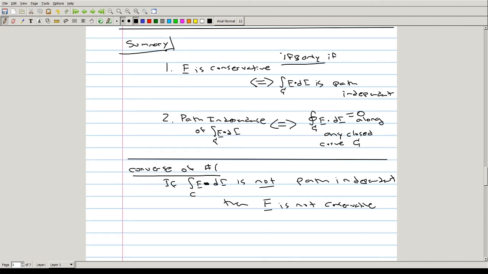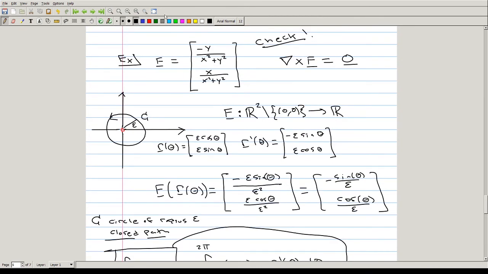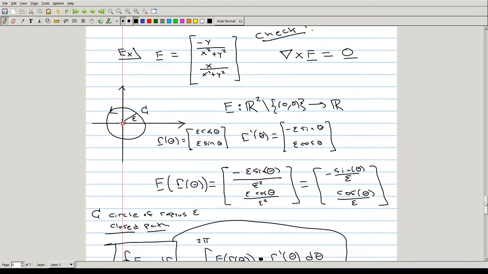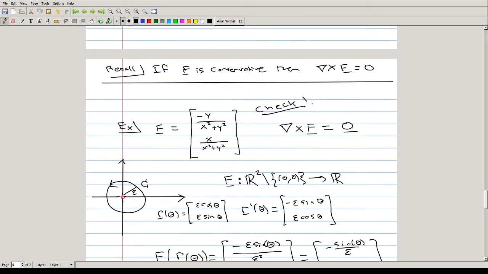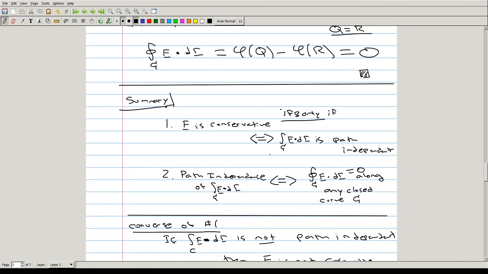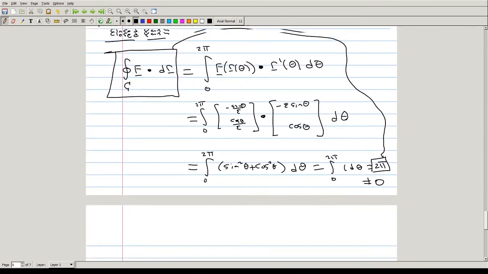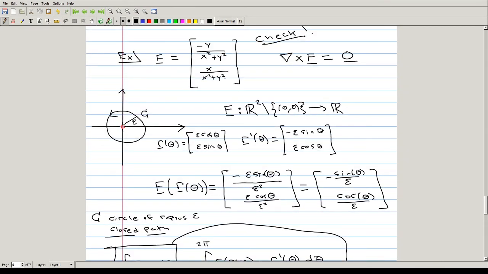What this means is that because we found a path for which it's non-zero, this integral is not path independent, and therefore, because it's not path independent, the function is not conservative. So there exists no scalar potential function phi to express this vector field as the gradient of that scalar potential function. And what we're going to do is investigate and see why this implication actually does hold, and investigate exactly what it is that's failing here.